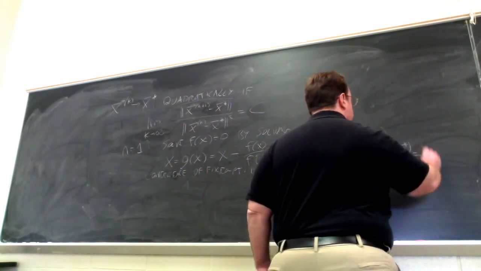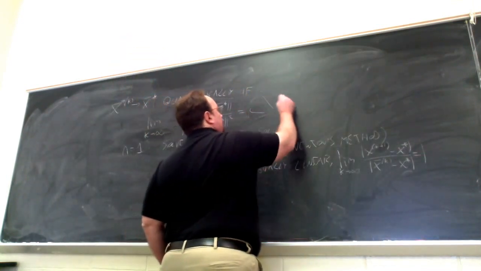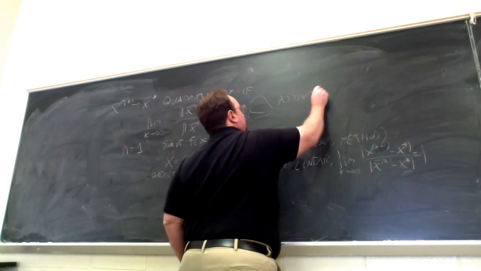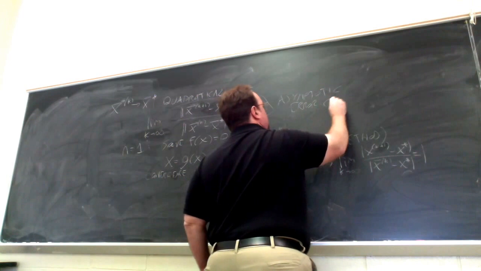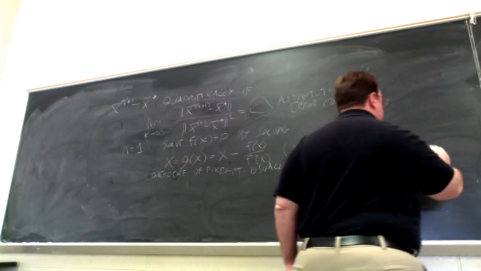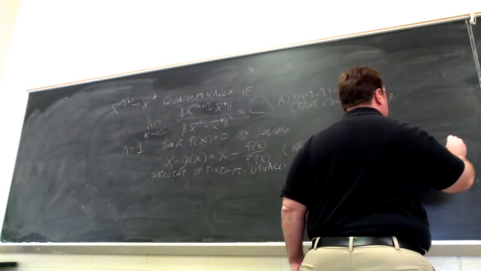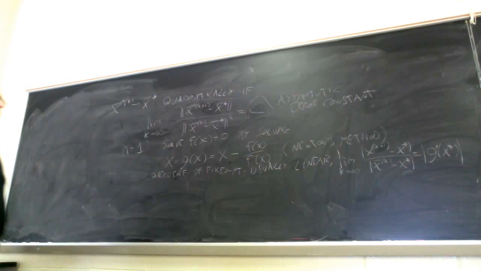And the asymptotic error constant, which is the c, turned out to be g prime of x star. So I say it's usually linear.